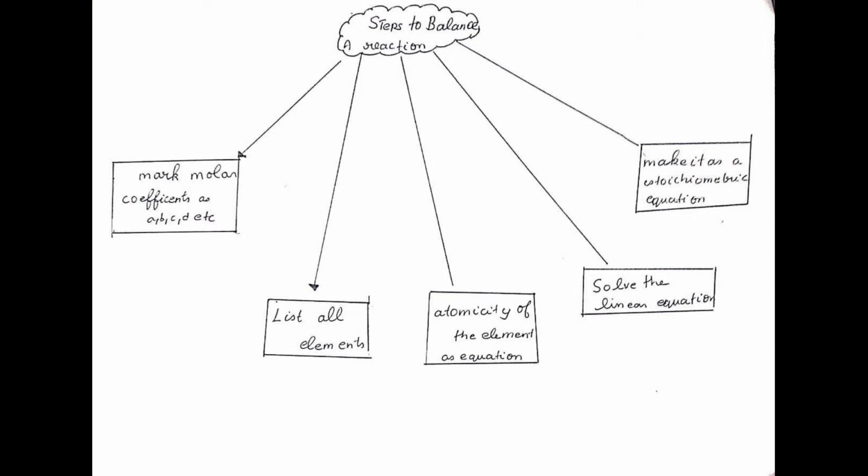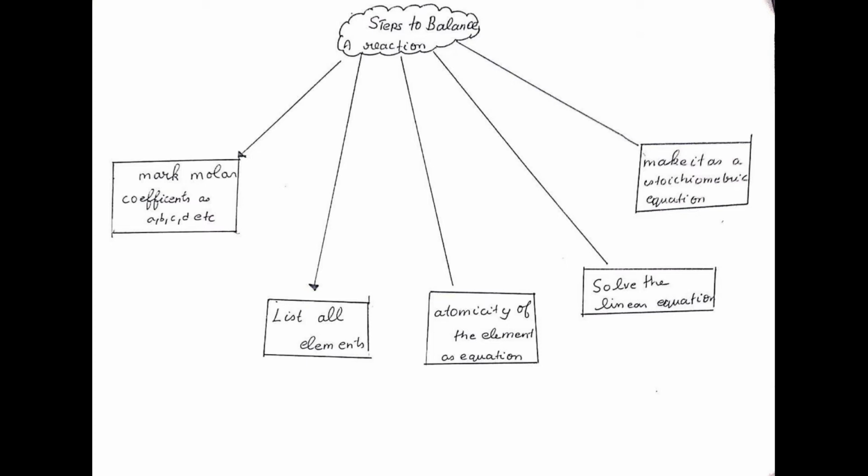The first step is to mark the molar coefficients as A, B, C, D and E. The second step is to list all the elements in the reaction, such as hydrogen, oxygen, etc. Next, write the atomicity of the element as an equation. Atomicity of an element is, for example, O2: the atomicity of the element is 2.